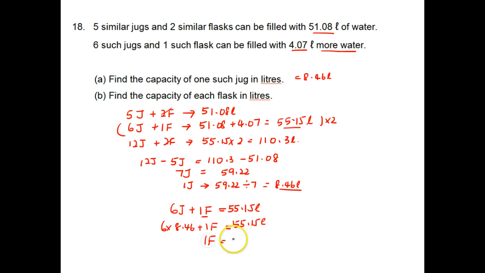So 1 flask will be 55.15 minus, I multiply this, I will get 50.76. And my 1 flask is 4.39 liter.